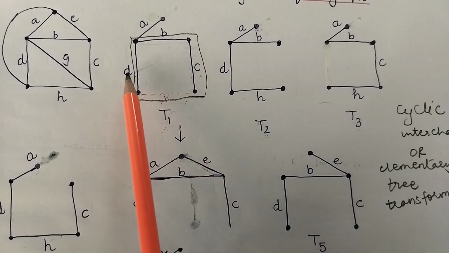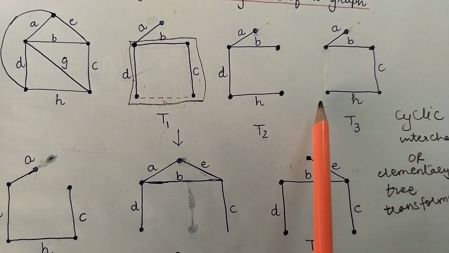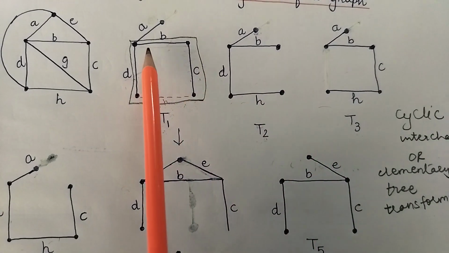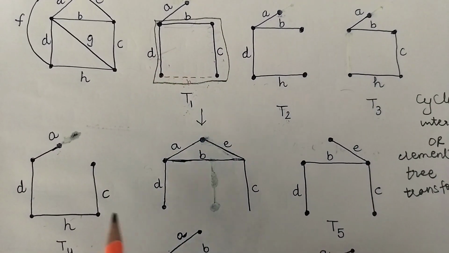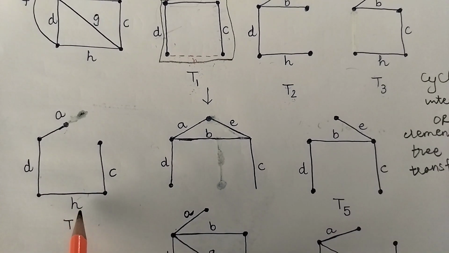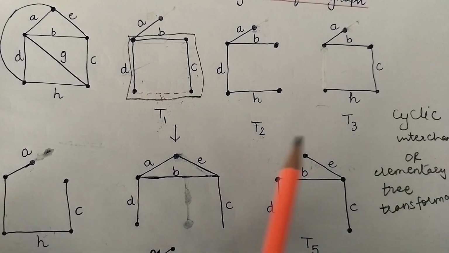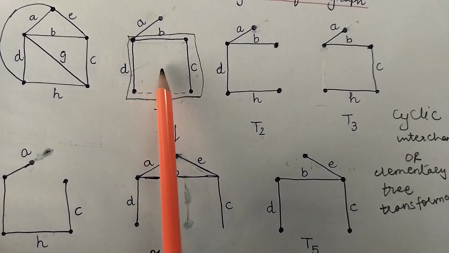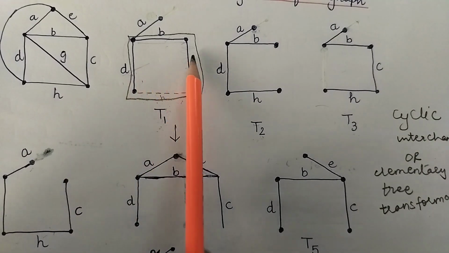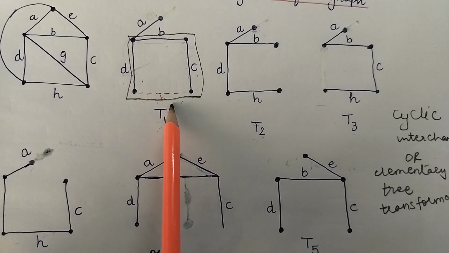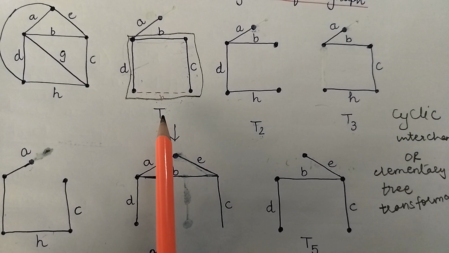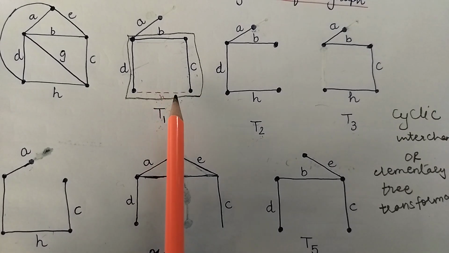I removed branch D, I obtained spanning tree T3. I removed branch B, I obtained spanning tree T4. So after generating these 3 trees, we can restart with T1. Now there is no more branch that can be deleted from the fundamental circuit obtained by adding chord H to spanning tree T1.